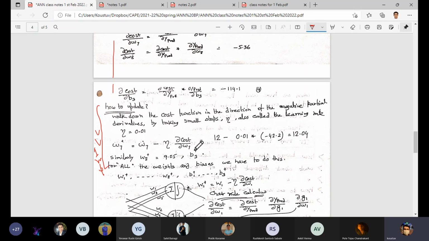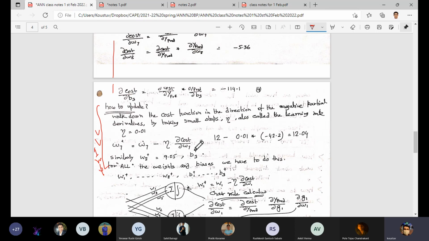What is it? Walk down the cost function in the direction of the negative partial derivative, the negative direction of the slope, by taking small steps. Generally, we are aware that the smaller the steps, the better; in solving ordinary differential equations, a smaller step size gives better accuracy, but at the cost of higher time. So there is something called the learning rate. This is another important parameter.